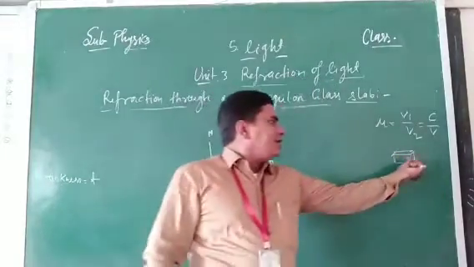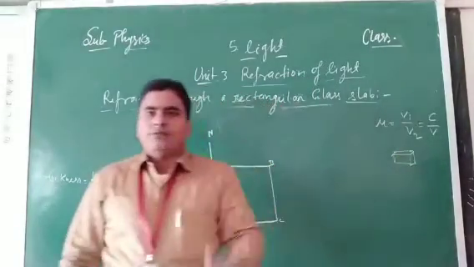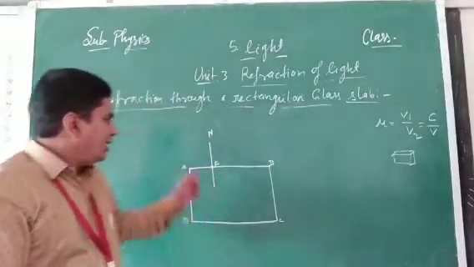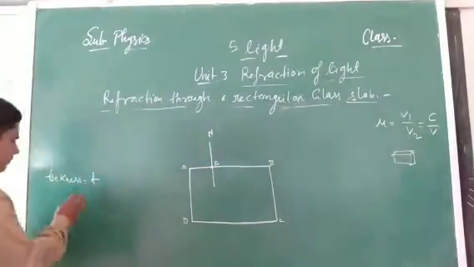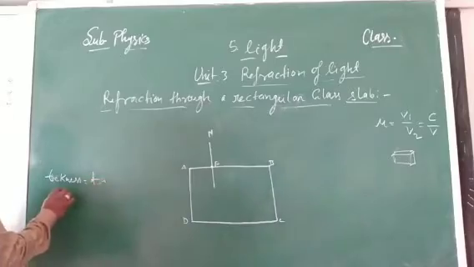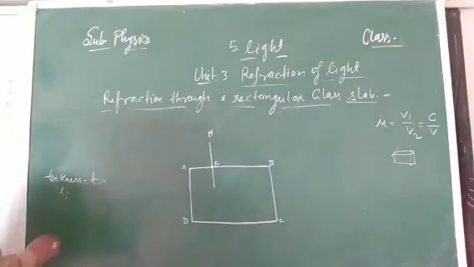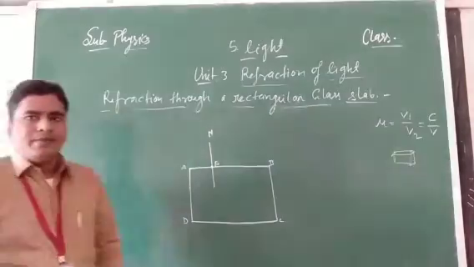The thickness of this glass slab is T, you can say the height, and the length and width are L and B.